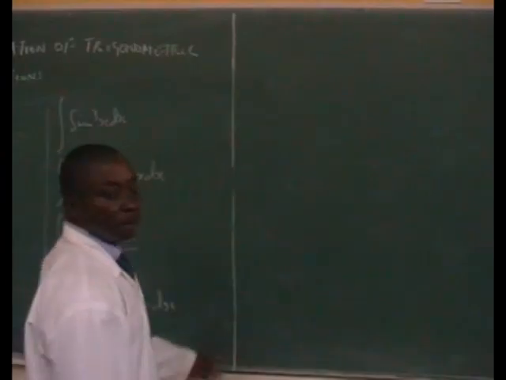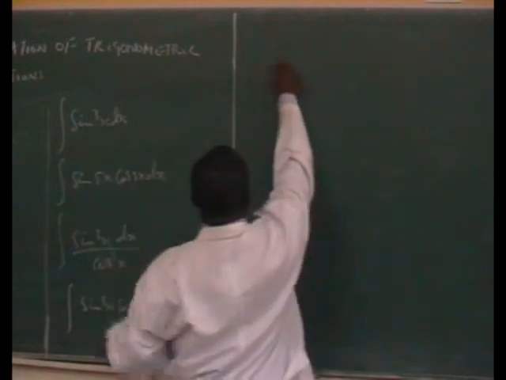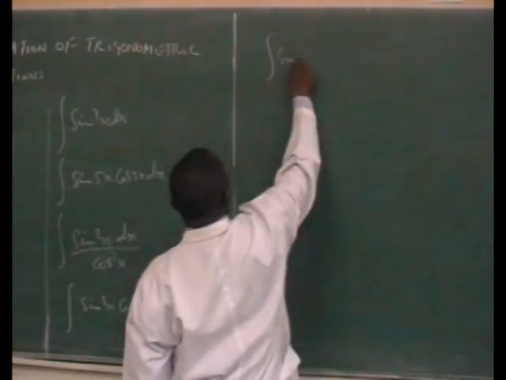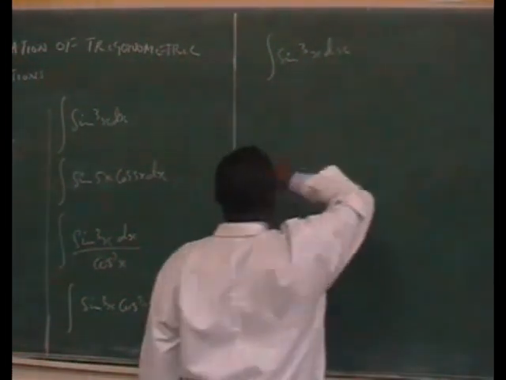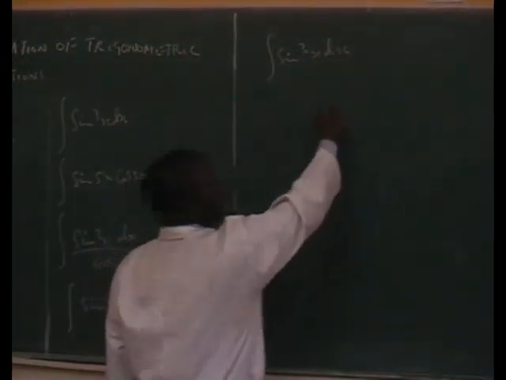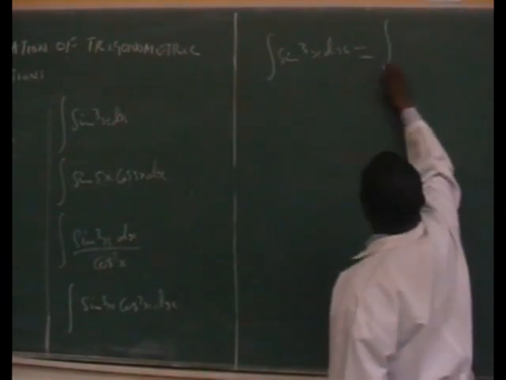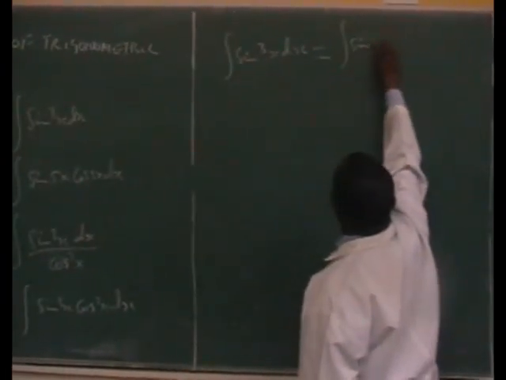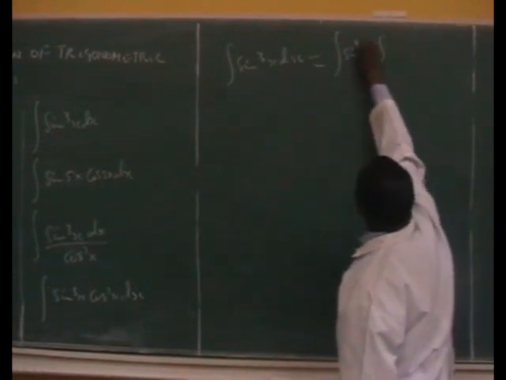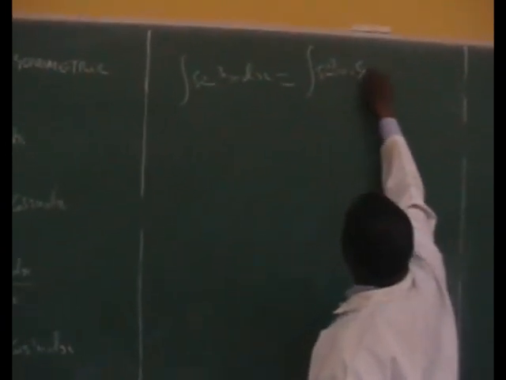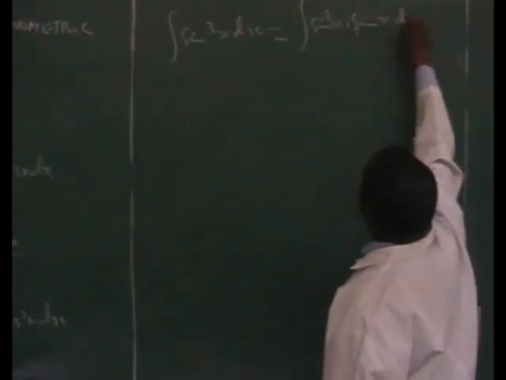So the next one, we are going to look at integral of sine cube x dx. Now we can write this as integral of sine square x times sine x dx.